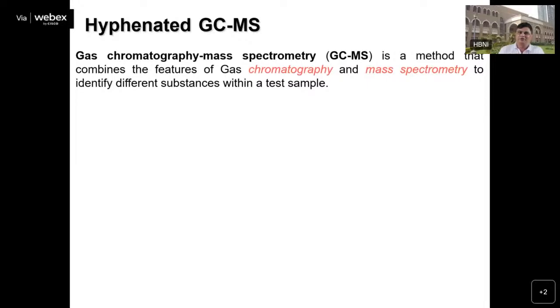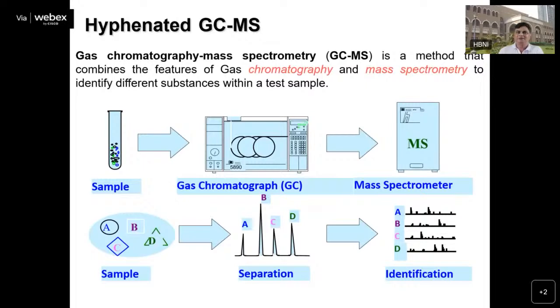So in GC-MS, we hyphenate the gas chromatograph with the mass spectrometer. In general, the sample is fed into the gas chromatograph, which does the separation. Then whatever separated components come out are fed into the mass spectrometer, and we do the detection. That is how it is shown.